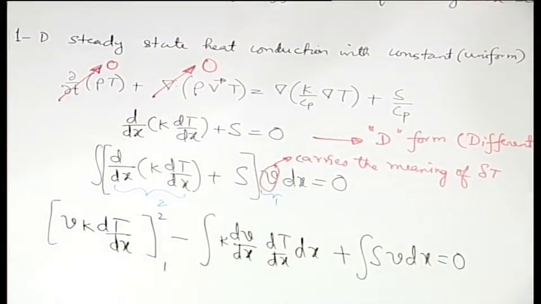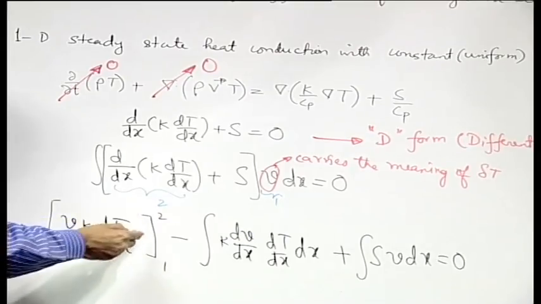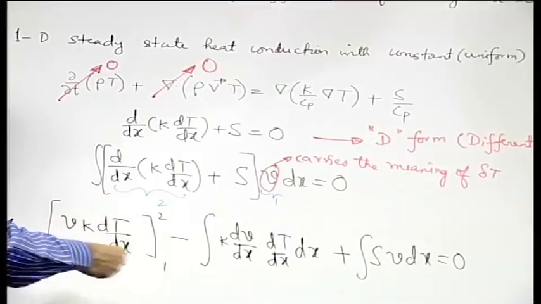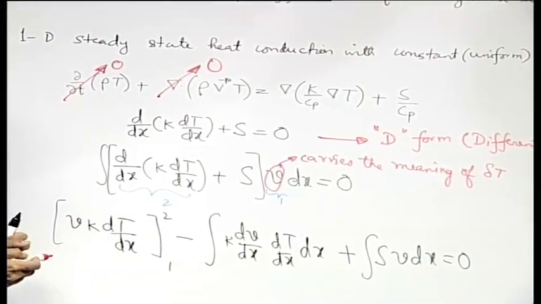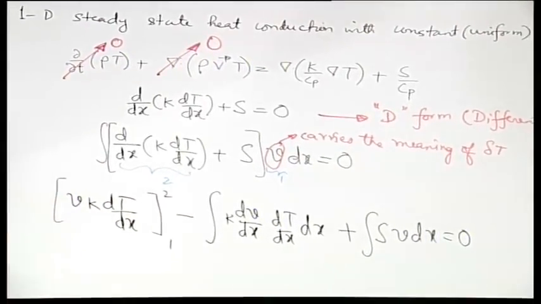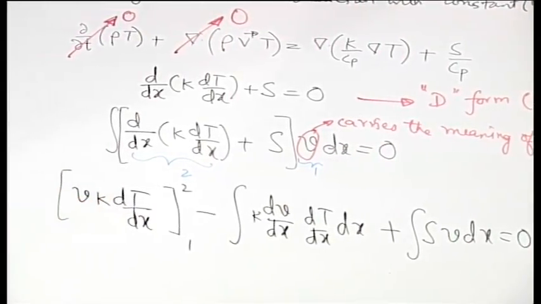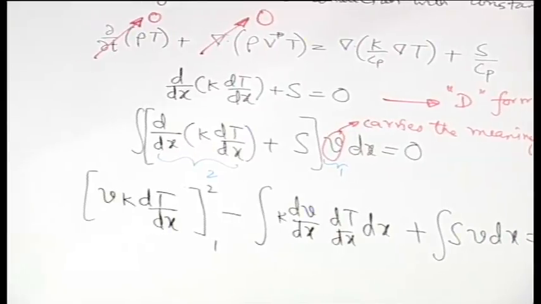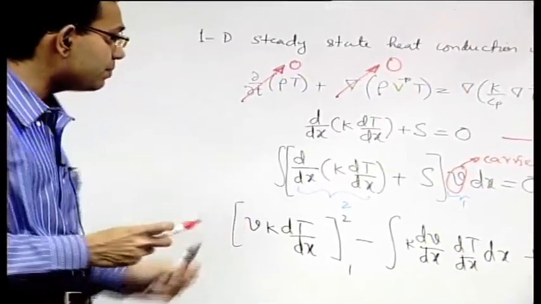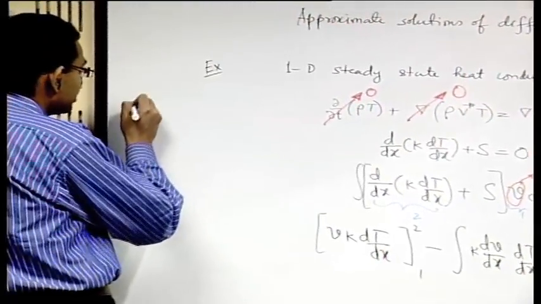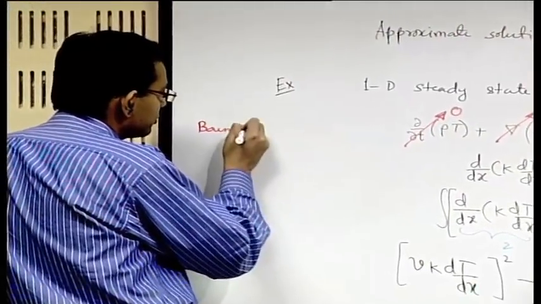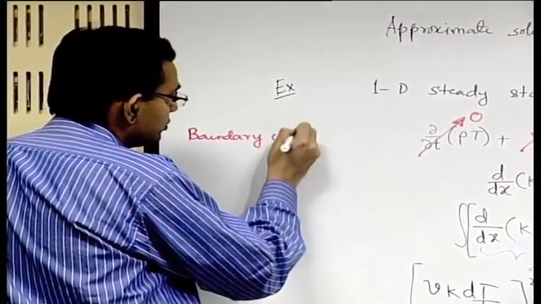Now we can see that at the boundary, if you want these terms to be specified, how can you specify that? One is you could specify T, that is the temperature is specified at the boundary. Let us note the boundary conditions possible.